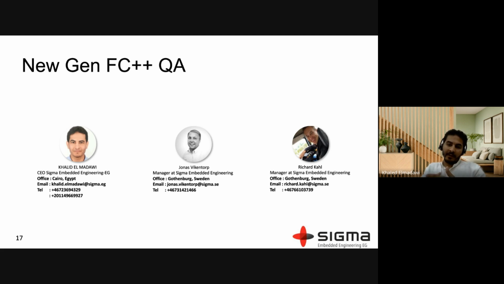He is here just to challenge our ideas. He's always asking, why are you doing it this way? Why did you take this approach? By that we are challenging our solutions. And the second one is a colleague from Sigma Sweden, Sigma Embedded. But the people who are working on this project are 3 headcounts.